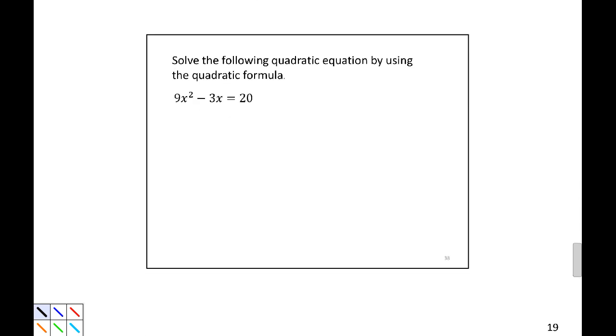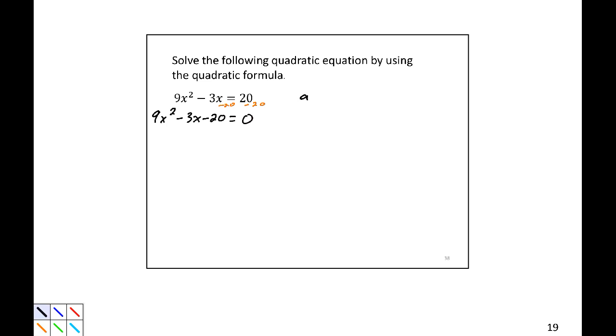Solve the following quadratic equation by using the quadratic formula. First thing we need is it needs to be in standard form with a 0 on the right-hand side. So I'm going to write this as equals 0, and this will be 9x squared minus 3x minus 20. Notice I'm subtracting that 20. I'm moving it to the left-hand side.